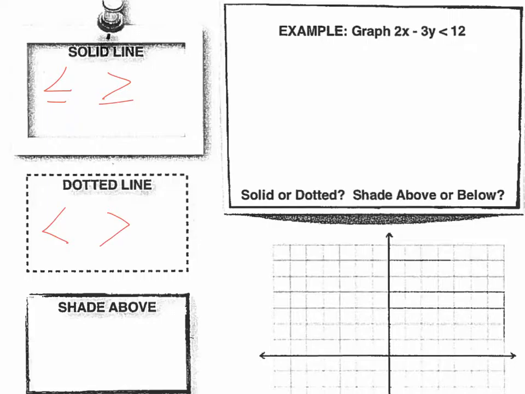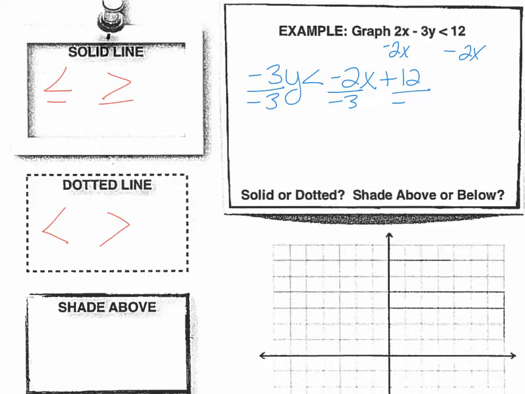So I'm going to start by solving for y equals mx plus b. We need to move the 2x term to the left. So I have negative 3y is less than negative 2x plus 12. And then lastly, I need to divide away the negative 3.